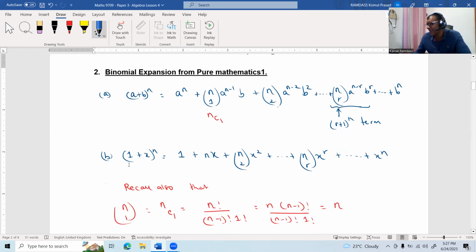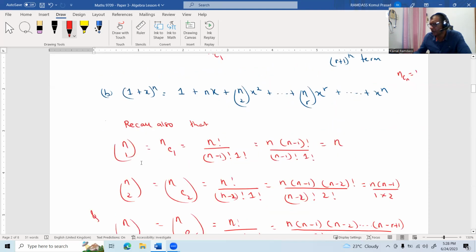Bon, 1 plus x to the power of n, c'est-à-dire, on remplace a par 1, on remplace b par x, et de là, on peut commencer au 1 plus nx plus nC2 x square, parce que nC1, c'est toujours n, nC2 x square plus plus nCr x to the power of r. This is the r plus 1 term. Et il y a les mêmes jusqu'à x to the power of n, parce que ici, il est pour nCn. nCn est égal à 1.